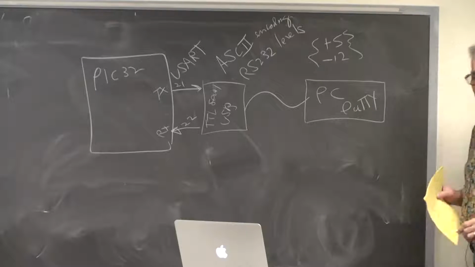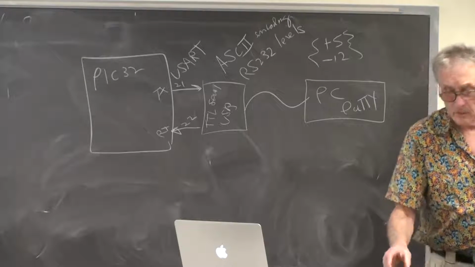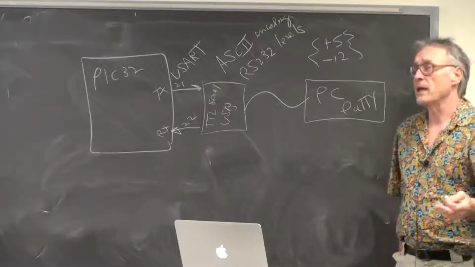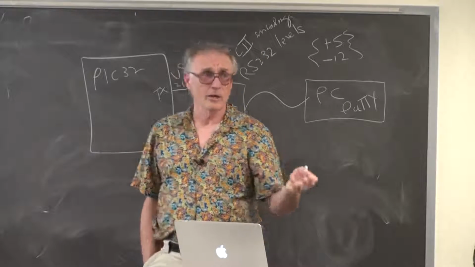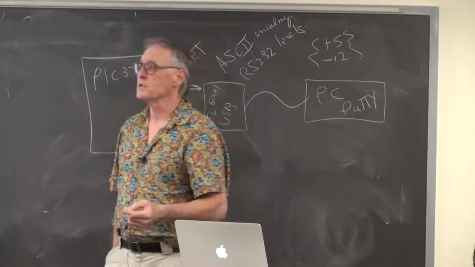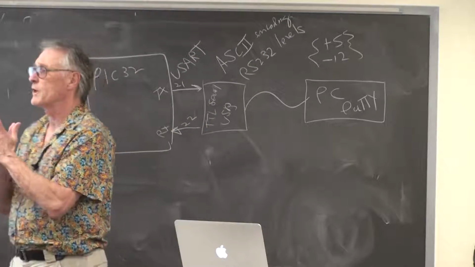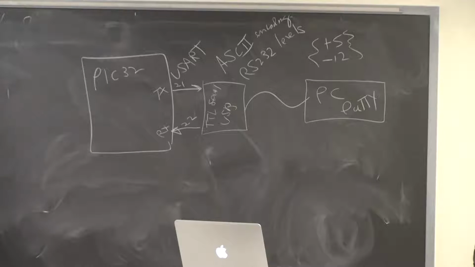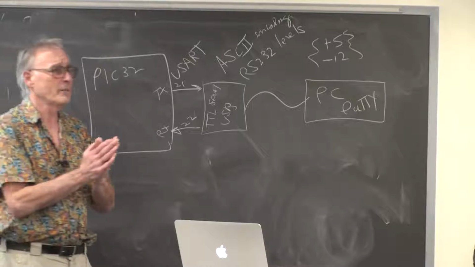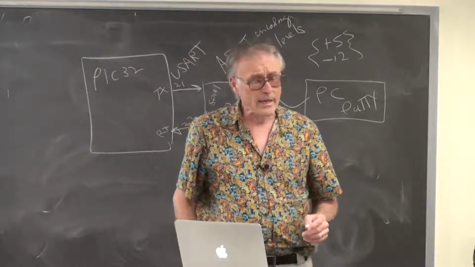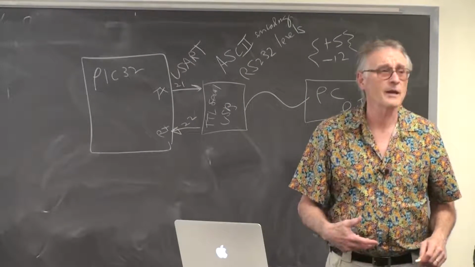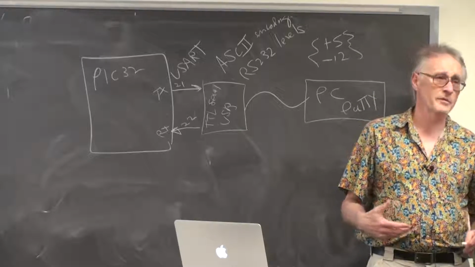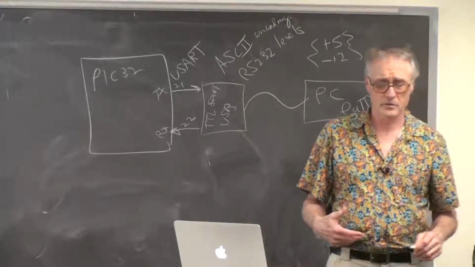P-U-T-T-Y, where TTY is uppercase because PuTTY emulates a hardware terminal called a VT100. You can Google it up. There's a certain number of people who consider the VT100 the height of technological innovation in America. And the VT100 emulates a teletype, which is an electromechanical machine from the early 1900s.